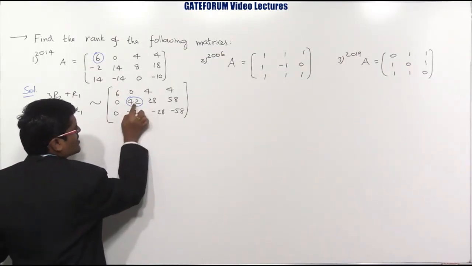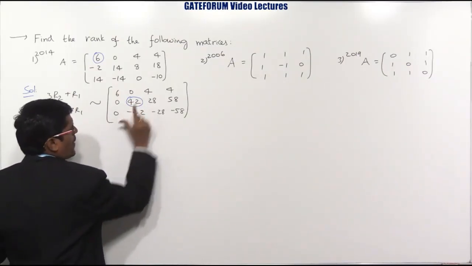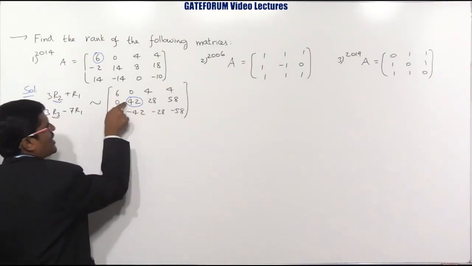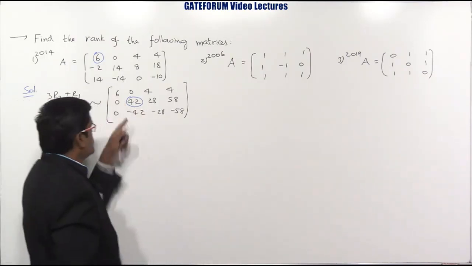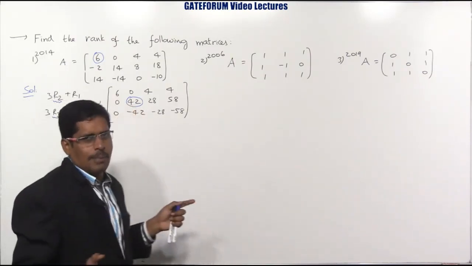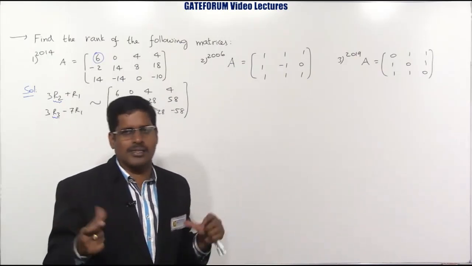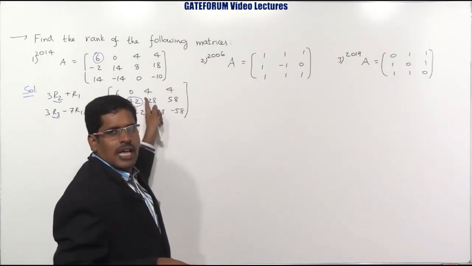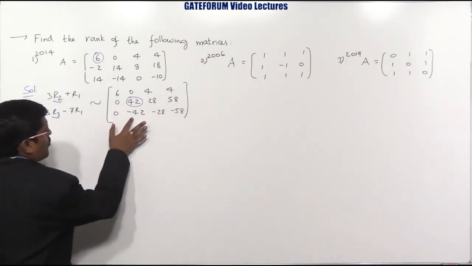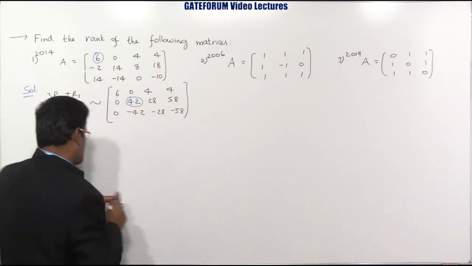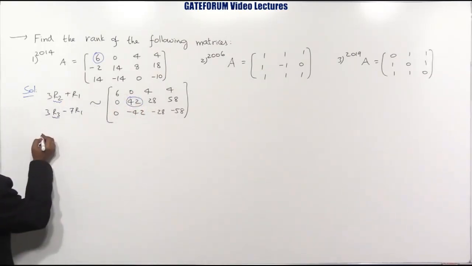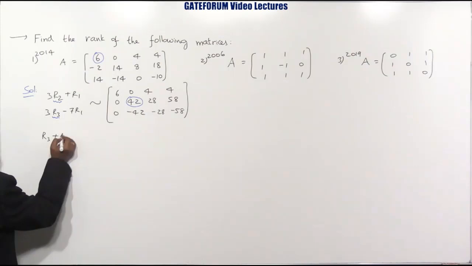This 42 in the blue circle is in the second row. So you have to apply a row operation between R3 and R2. Here 42, 42 are the same numbers, so either you add or subtract depending on the symbols available there. Minus 42 plus 42 gives 0. That means I am going to apply the row operation R3 plus R2.